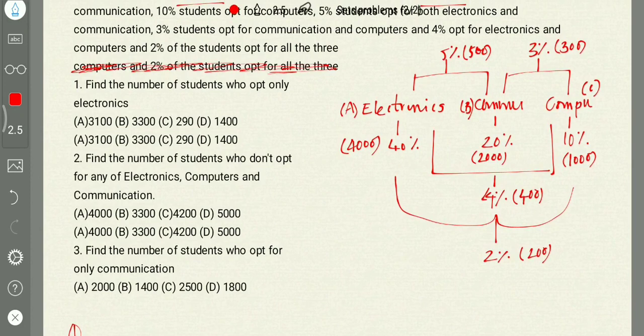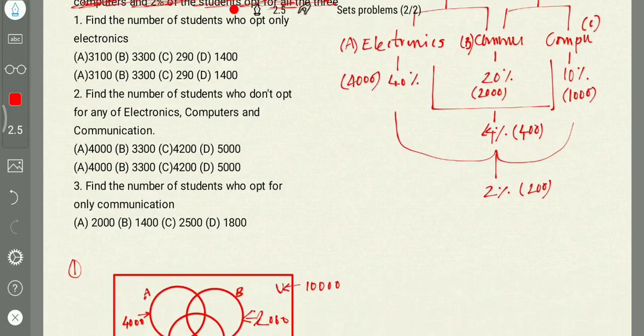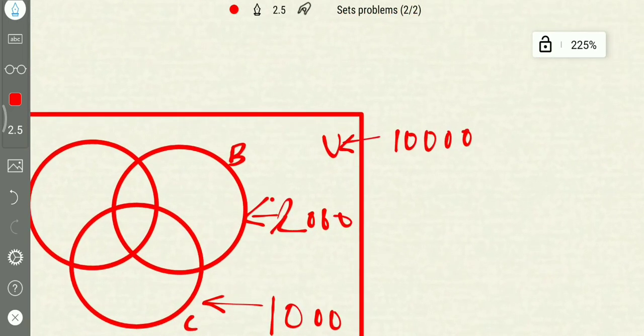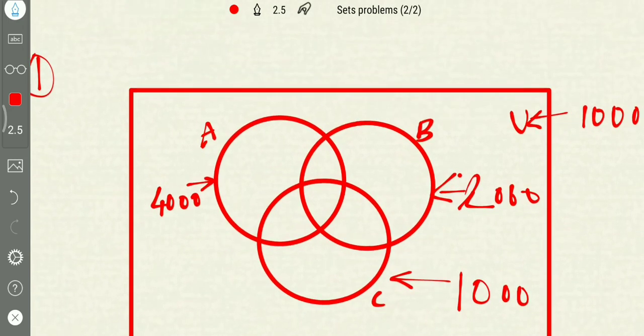And who opt for both electronics and communication is 500. This is 500.